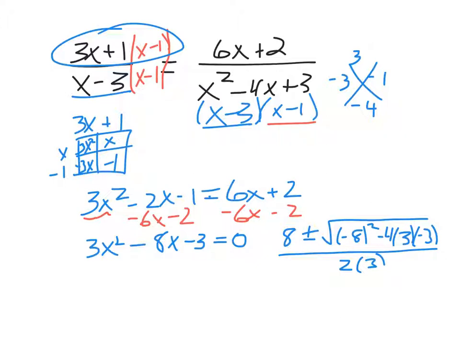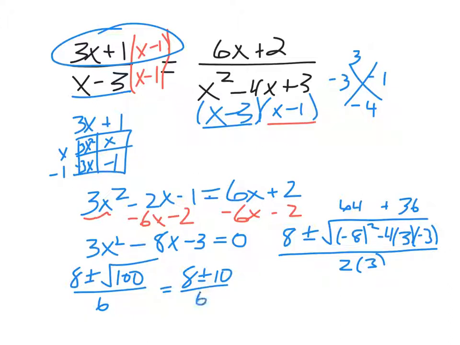So that gives me 8 plus or minus, we have 64 plus 12 times 3, 36, so 100 again, all over 6. So 8 plus or minus 10 over 6. So I get 18 over 6 and negative 2 over 6. So that would simplify to 3 and negative 1/3.